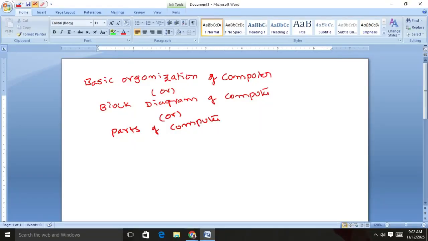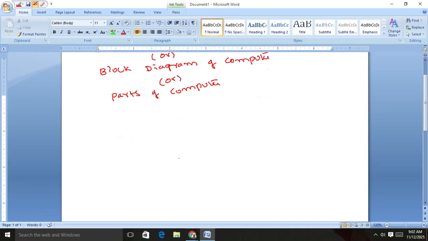So the block diagram, or parts, or basic organization means, what are the main parts in the computer. The computer has five main parts.